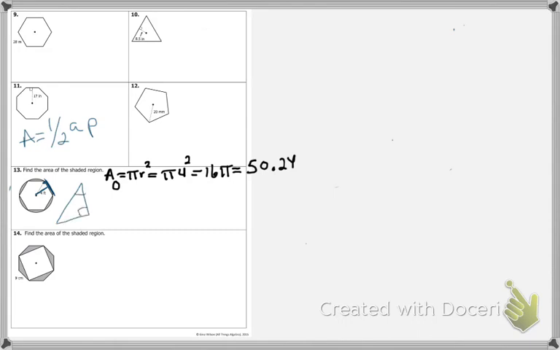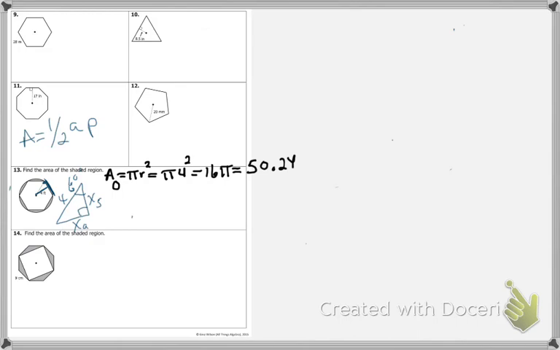We know this is 60 degrees, and I need to know this. First I'm going to label this XA for apothem, and this X side.